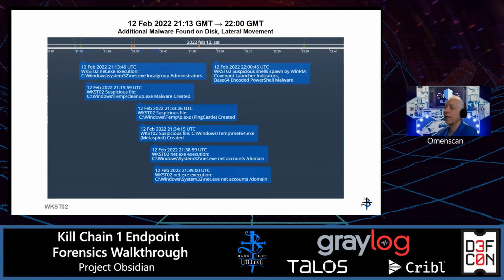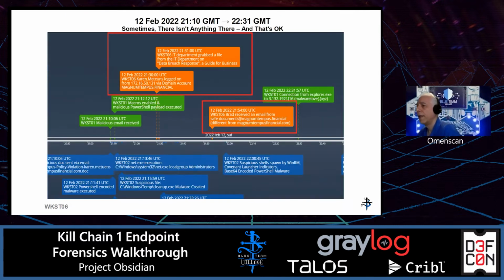Moving further into the timeline, we'll see that the actor, once they gained access to the network or access to the system, moved laterally and dropped additional malware on the machine. Finally, we'll see that we looked at a number of workstations.